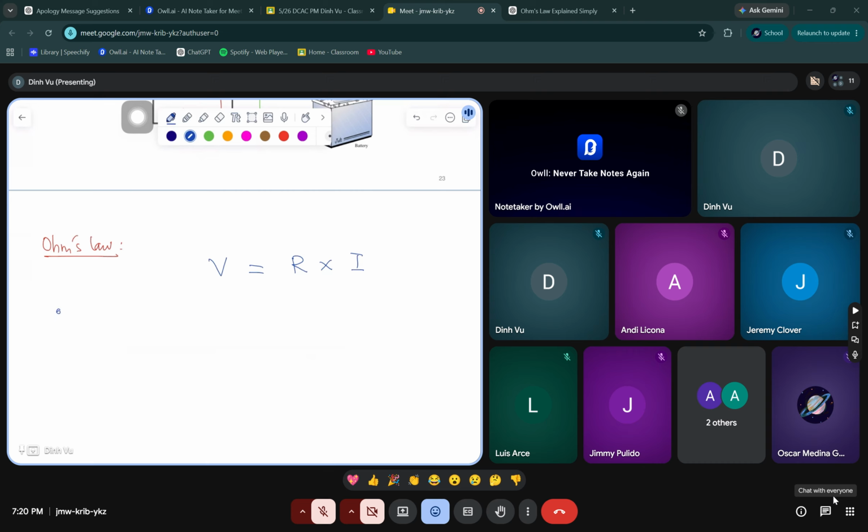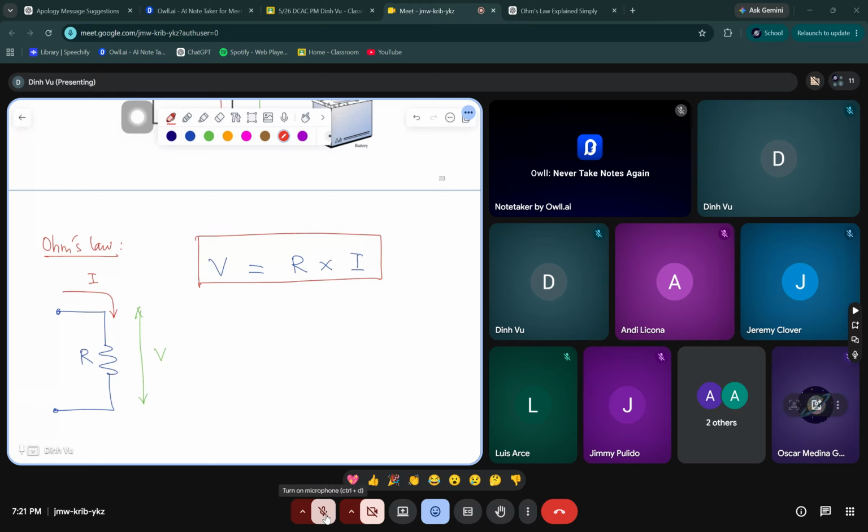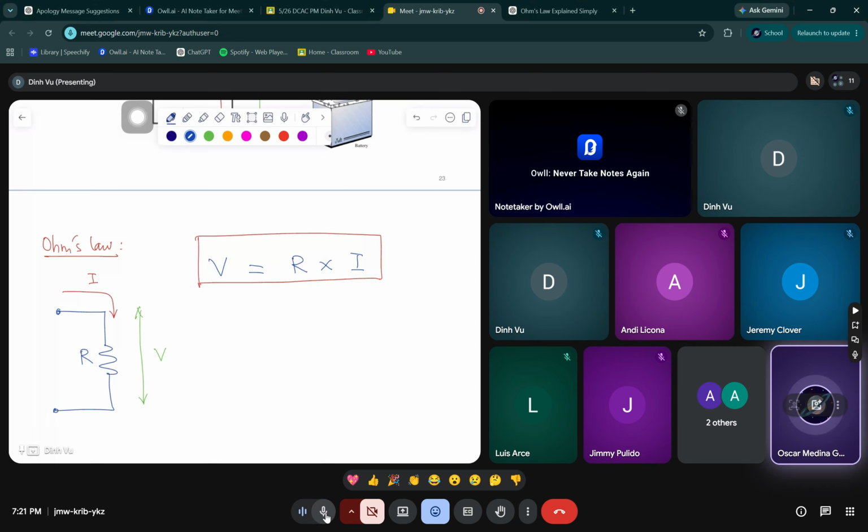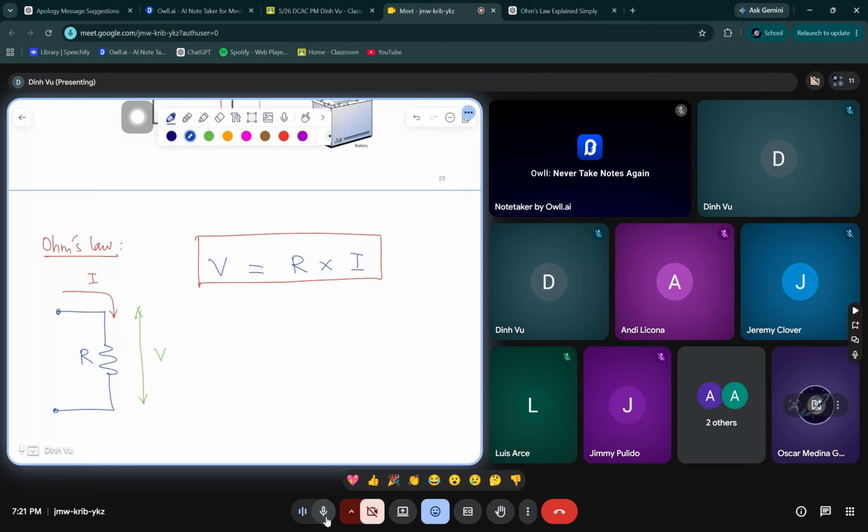I will redraw the circuit here. We have one resistor R, the voltage is V, and the current here is I. So Ohm's law defines the relation: V is R times I. I is current.